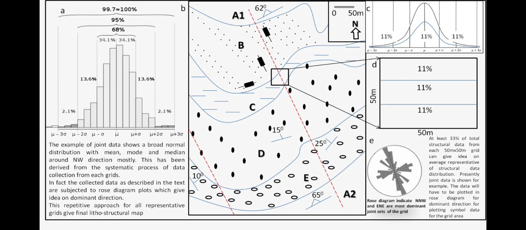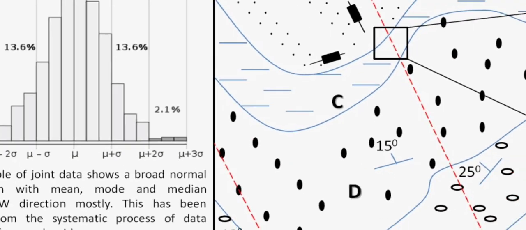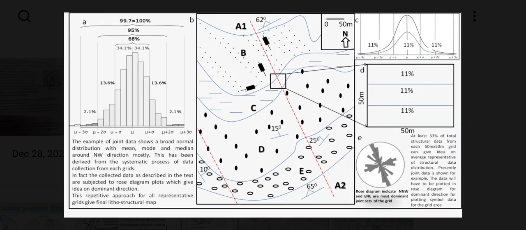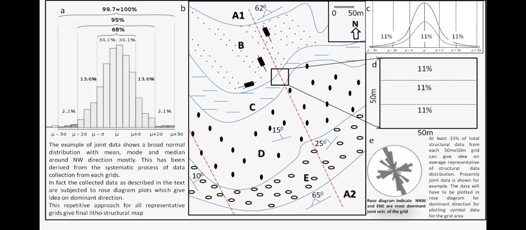So as I told, structural data or any data plotting is not that easy. Most of the time it is very often neglected, and whatever data we get, we plot in a biased way. Forget about scale. So the dominant direction from the rose diagram can be considered representative of that grid.